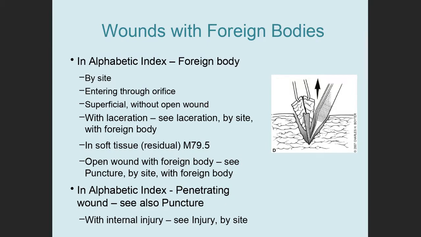Also an indent for in soft tissue, which is M79.5. Open wound with foreign body, it'll see puncture by site with foreign body. So in the Alphabetic Index, you can also look up penetrating wound, but that will just refer you back to puncture, which will say with internal injury, see injury by site. So it's kind of taking you around in circles.